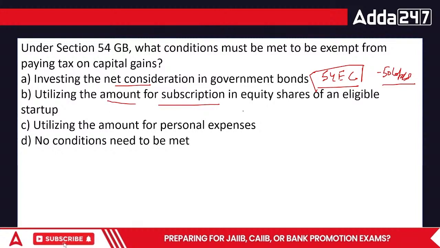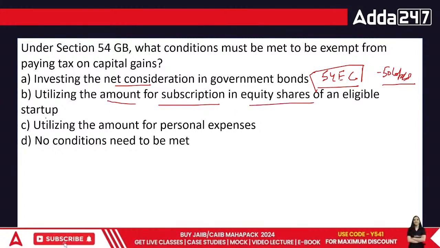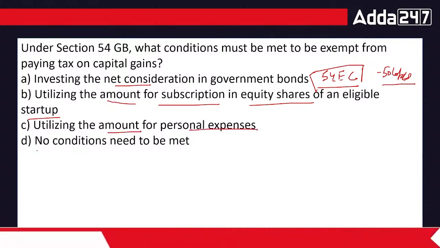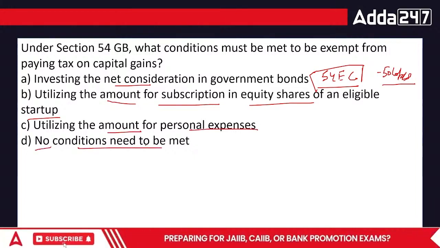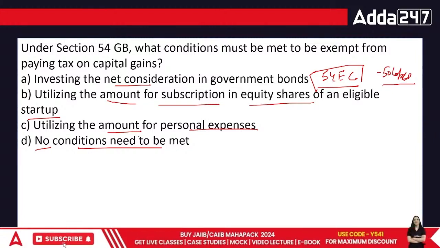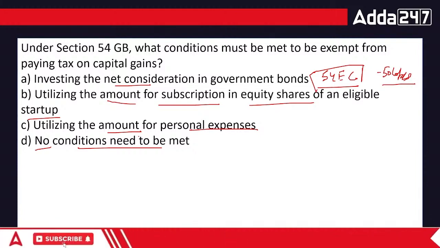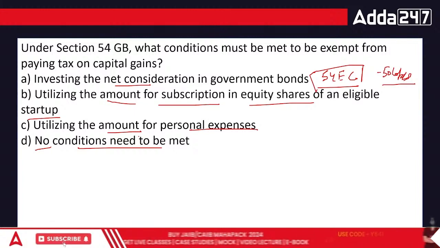Utilizing the amount of subscription in equity shares of an eligible startup, utilizing the amount for personal expenses, and no conditions need to be met. What's going to be the answer?